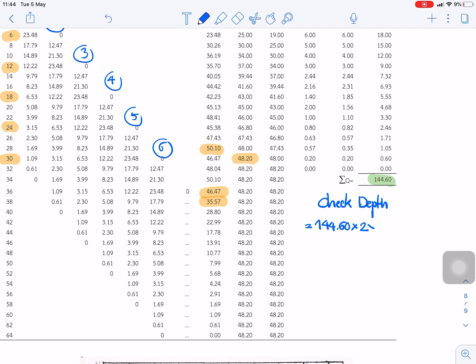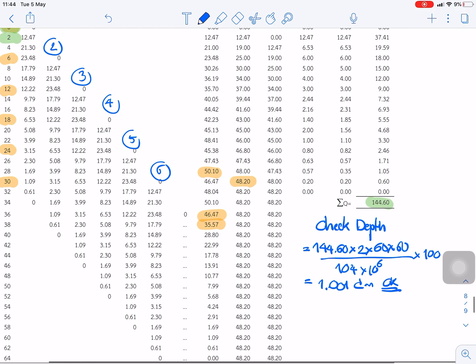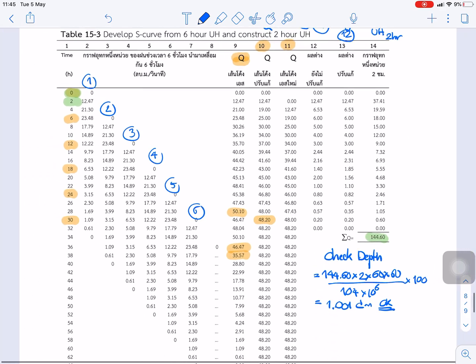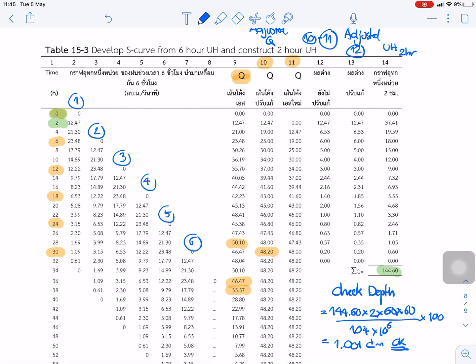The time step is 2 hours, 60 minutes, and the area converted to centimeters is 1. After adjustment we get the unit graph, and the area under the curve is 1 centimeter. So this table shows how to develop the S curve from 6 hour rainfall to get the new unit graph for 2 hour rainfall.